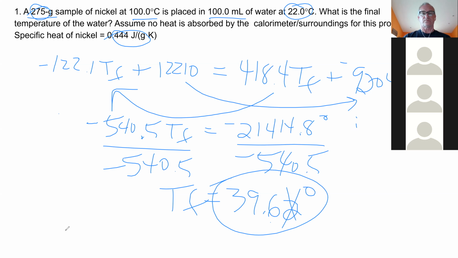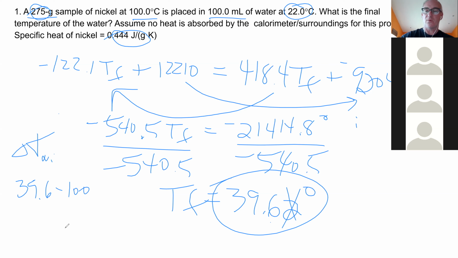So the delta T for nickel should be 100 minus 39.6. Or damn it, I'm still doing it wrong. I don't know why I'm stuck on doing that. So delta T for the nickel should be 39.6 minus 100.